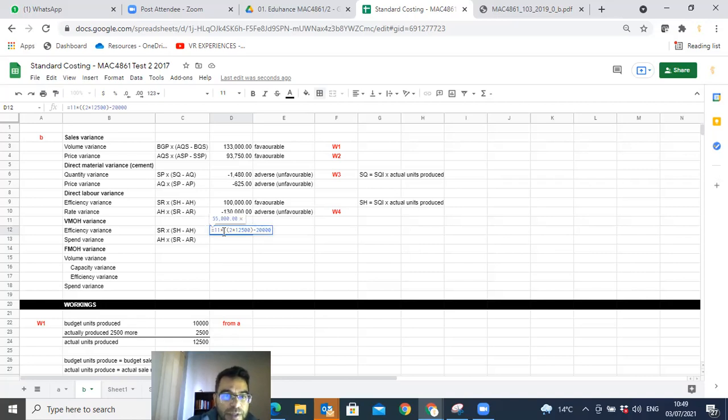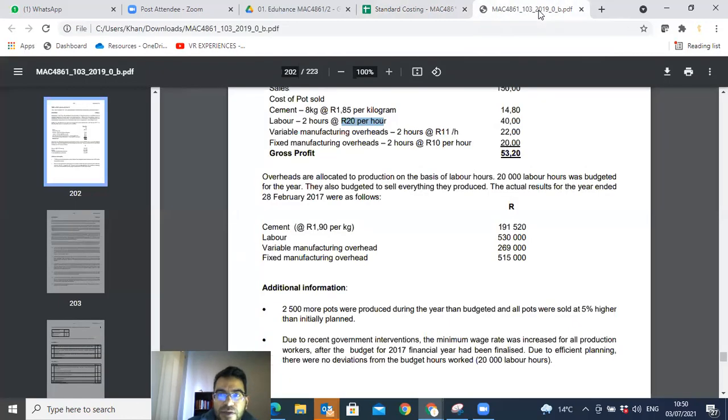So this will be unfavorable. Actual hours, 20,000, multiplied by actual rate, which is 20 Rand, minus standard rate. Sorry, what am I doing over here? R11 per hour.